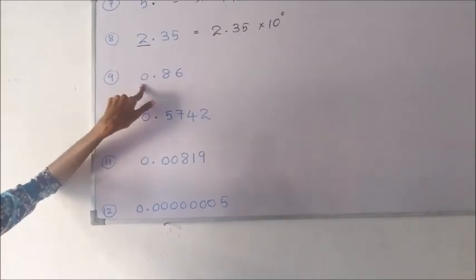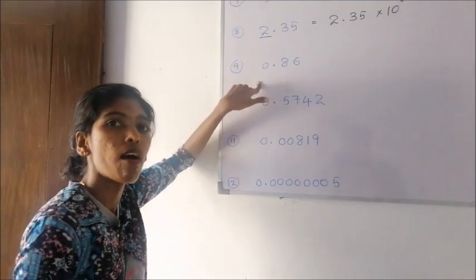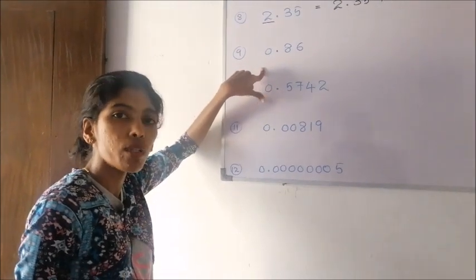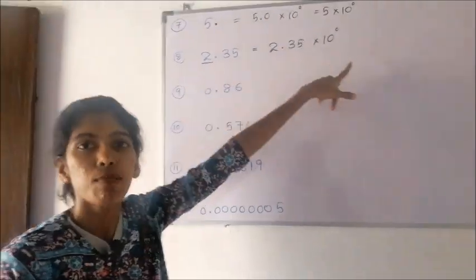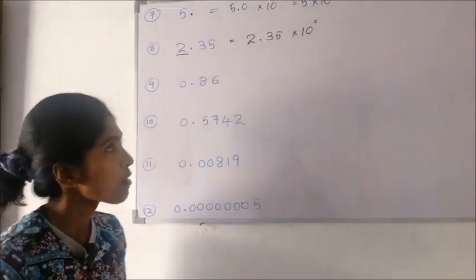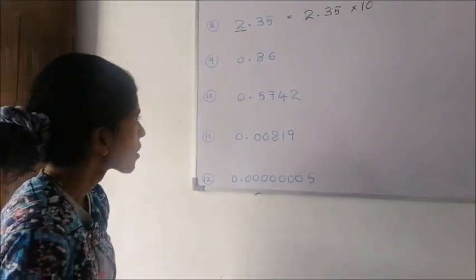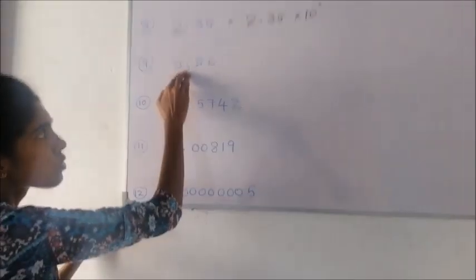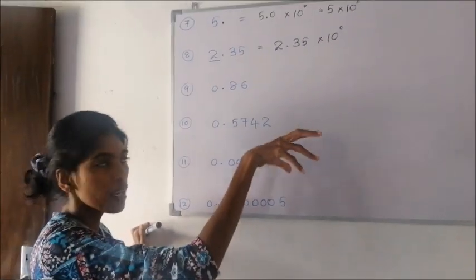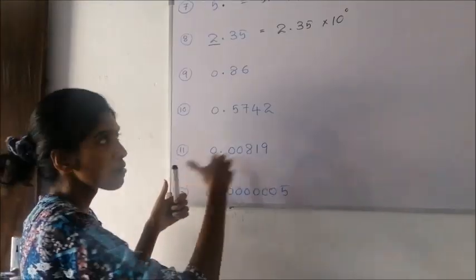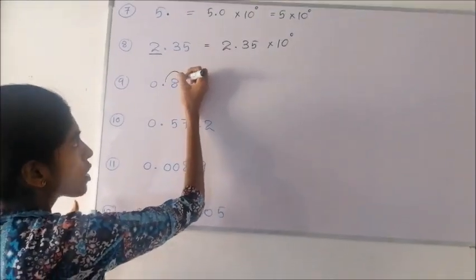Here before the decimal point 0 is there. Remember that before the decimal point, if 0 is there, surely the power must be negative. Negative power should be there. Remember that, okay? Right. Now, are we moving this decimal point forward or backward here? To write in scientific notation, backward, right? How many times? Only 1 time.